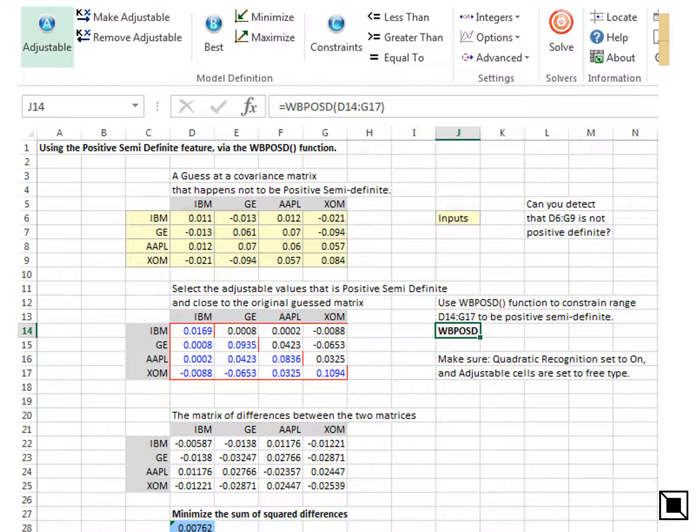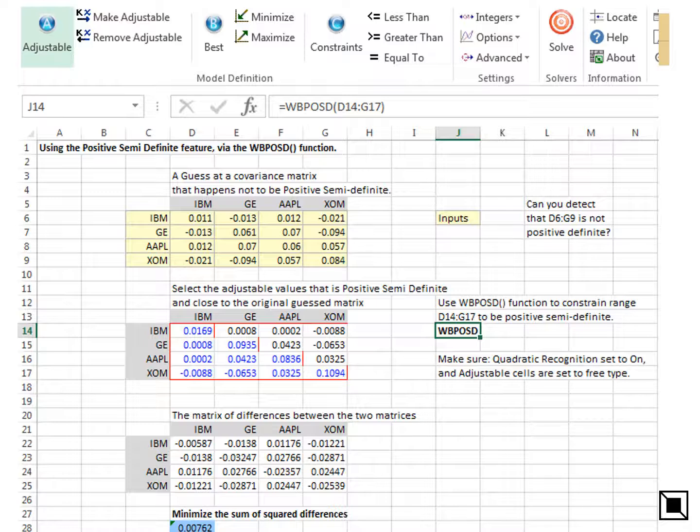So down at the bottom, we're going to come up with an estimate of the differences between these two matrices, and we're going to come up with a matrix down in the middle here that is in fact a valid covariance matrix.